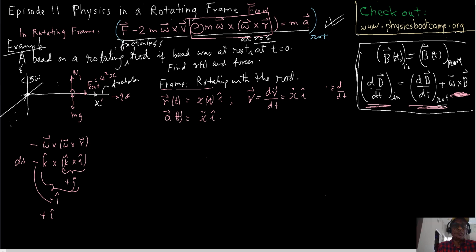How about this, guys? Minus 2m omega cross v. Just the direction part will be k hat. The v hat is just i hat. So it depends on the sign of this, right?